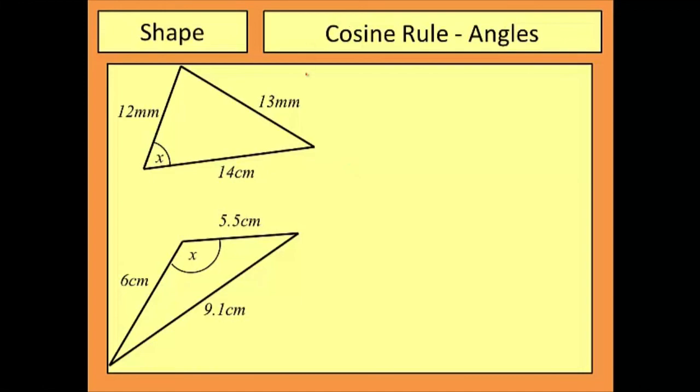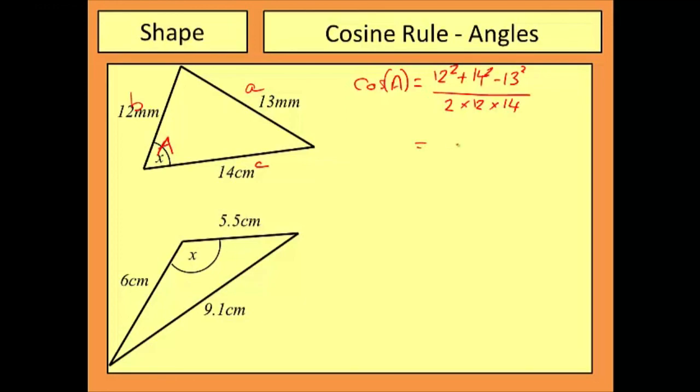Okay, let's have a look at this then. With this first triangle, I've got side A and angle A set up like this, and then B and C in that order. When I type all this into the formula, this tells me that cos A is equal to 12 squared plus 14 squared minus 13 squared divided by 2 times 12 times 14.